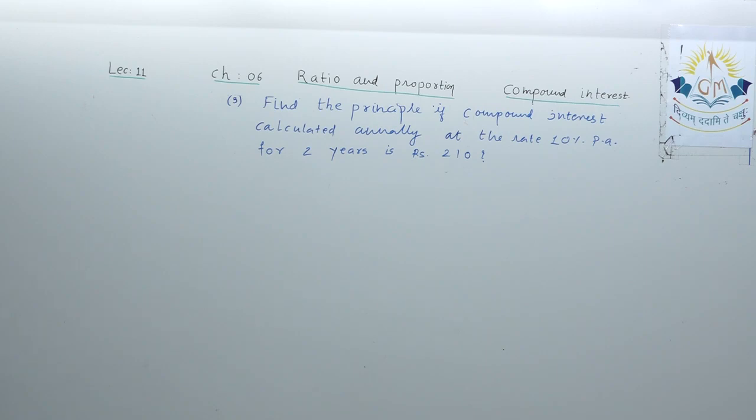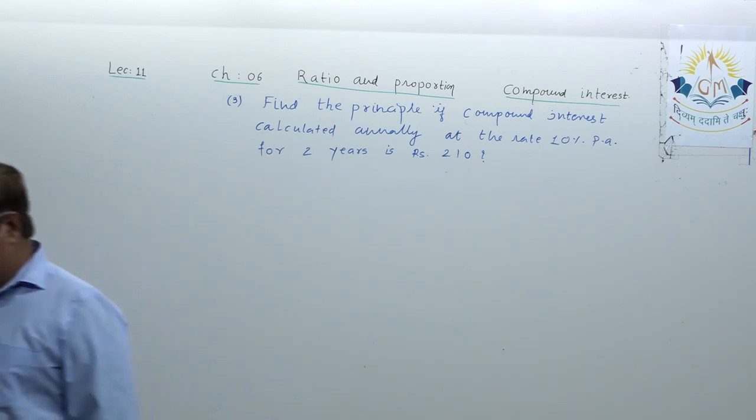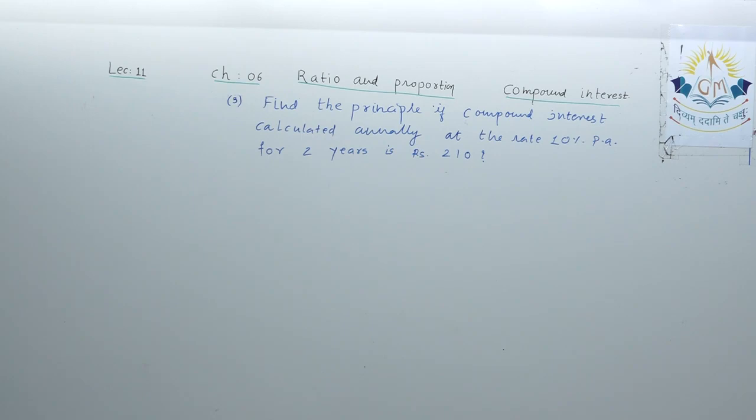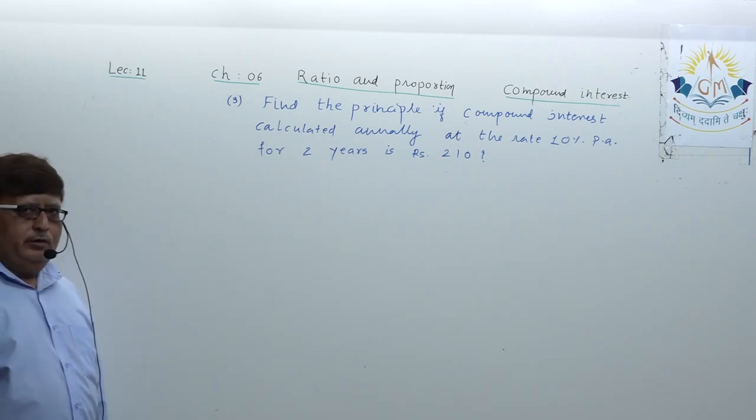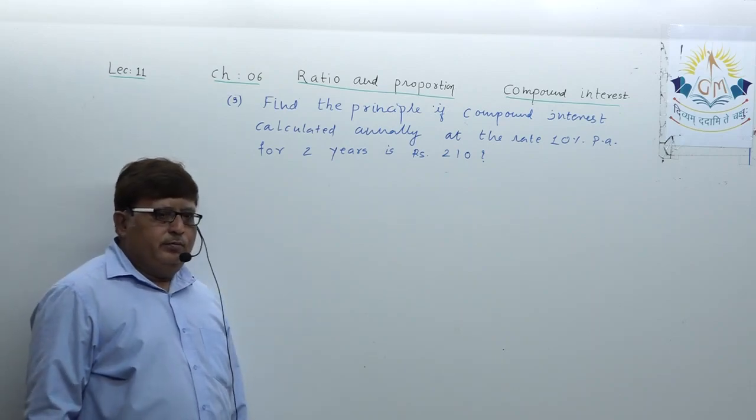You need to follow the same steps which we have already done. You can follow the same steps and you can clearly get the answer easily. 3 steps. First, representation of the data.